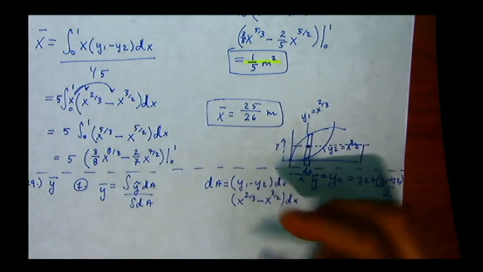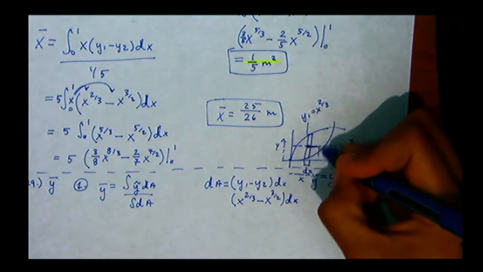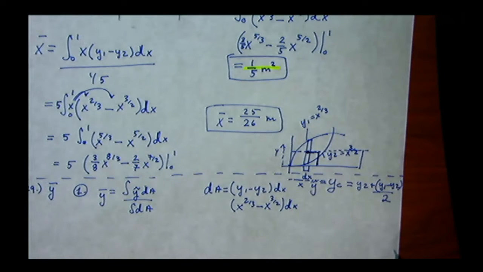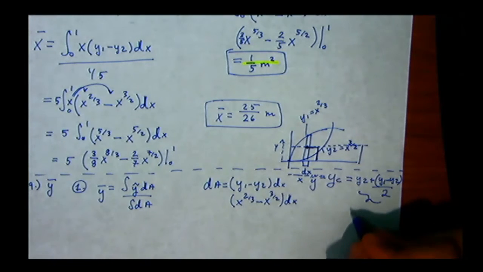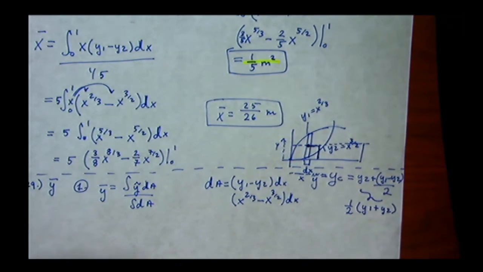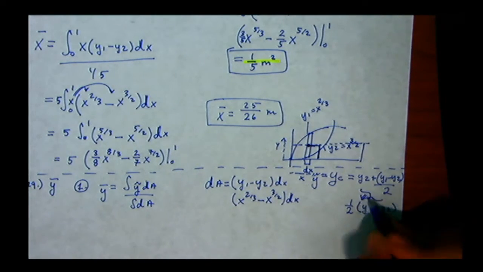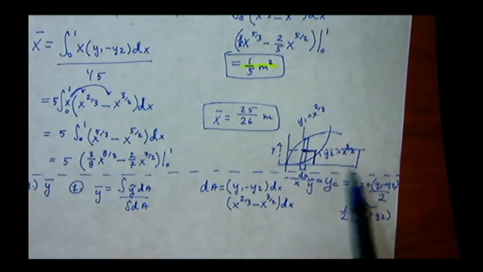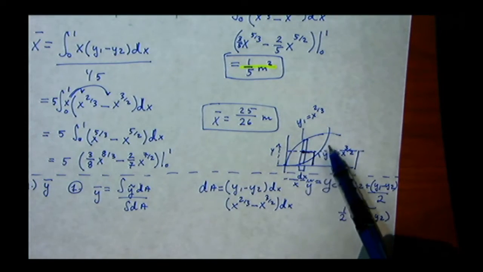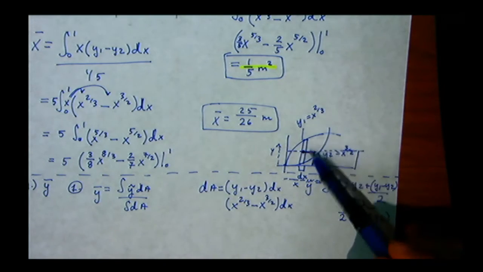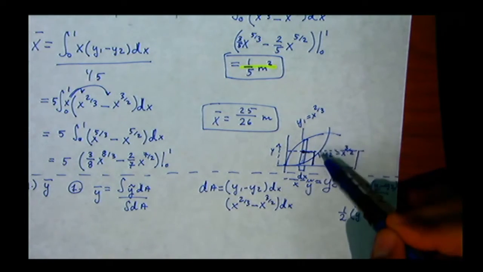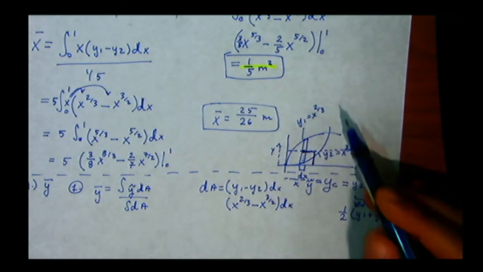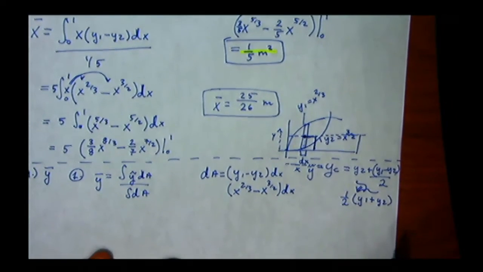So you're going y2, and then you want that point that is halfway of those two lines. Okay? So we're solving for this. We know we're integrating from, where are we integrating from, guys? For y? You know? 0 to 1? Okay, good.